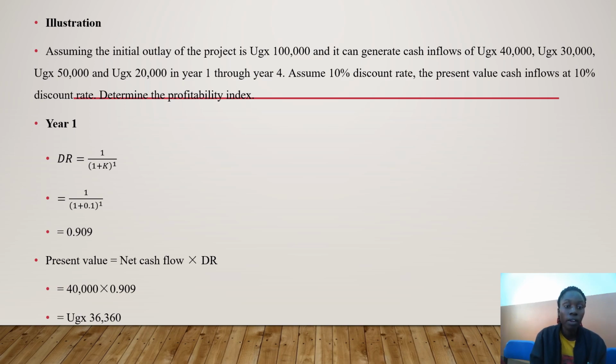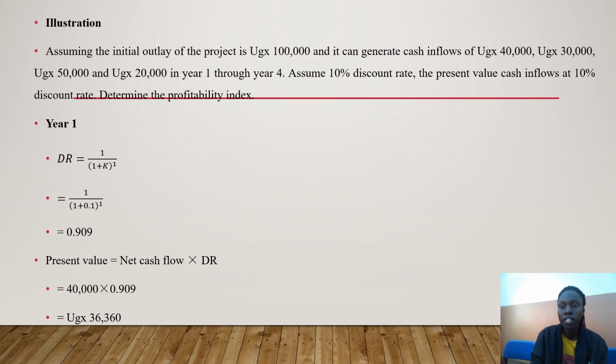0.909. Then our present value becomes net cash flow times the discount factor that we have gotten here. So we have 40,000 times 0.909, giving us a total of Ugandan shillings 36,360.